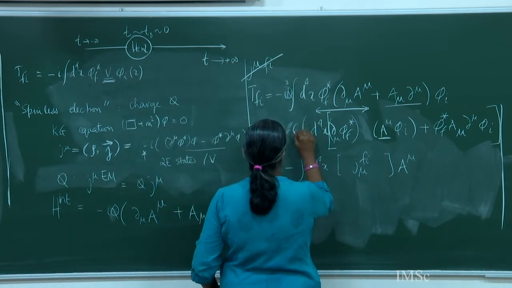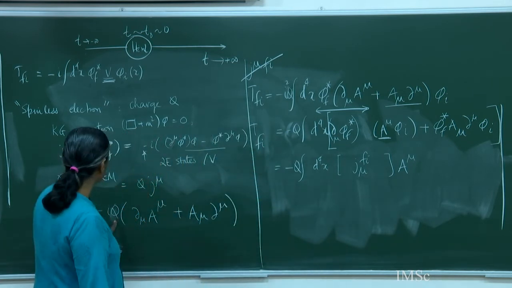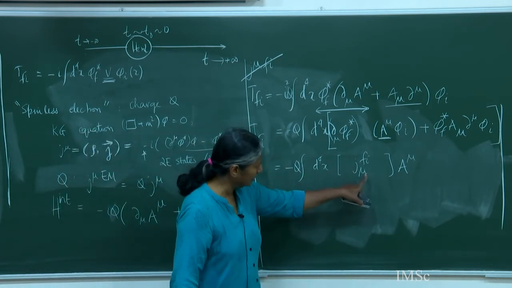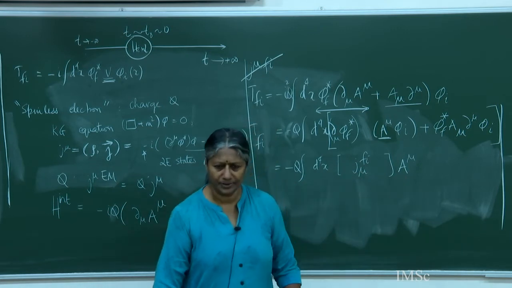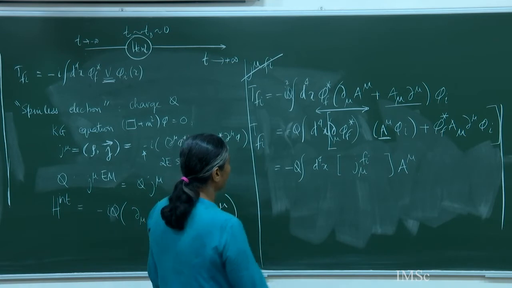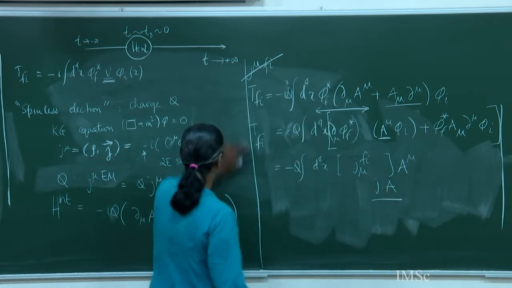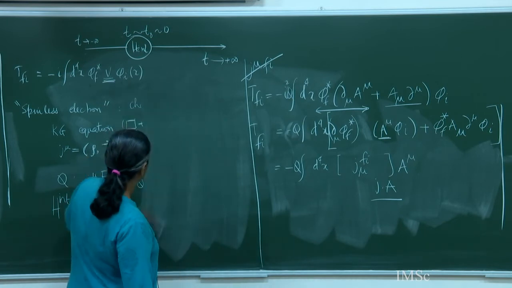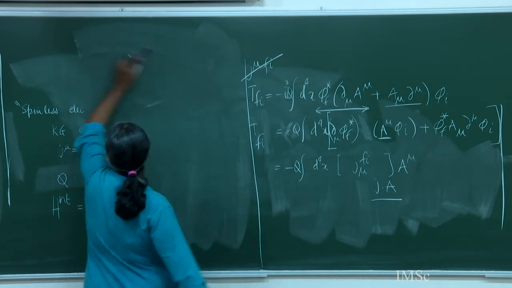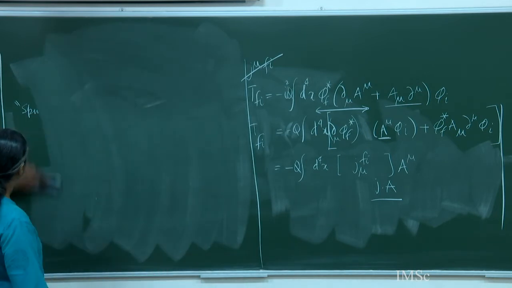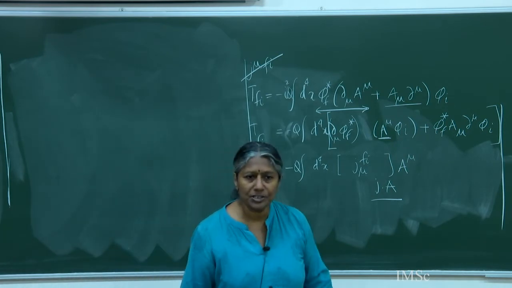Either you put back the q inside here and call this J mu electromagnetic, or we keep the q outside and call this a number J mu, it does not matter. But this is what I call the J dot A interaction, which is the quantity that you are going to see again and again, independent of the nature of the interaction. Whether it is electromagnetic or later on weak or strong, we will find such a J dot A interaction appearing again and again.